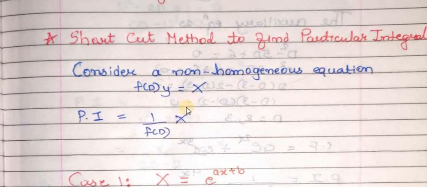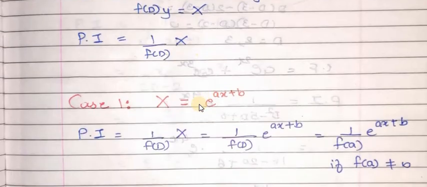We have different cases to find out PI for the equation f(D)y = X. So we will see case first today, that is when X = e raised to ax + b.